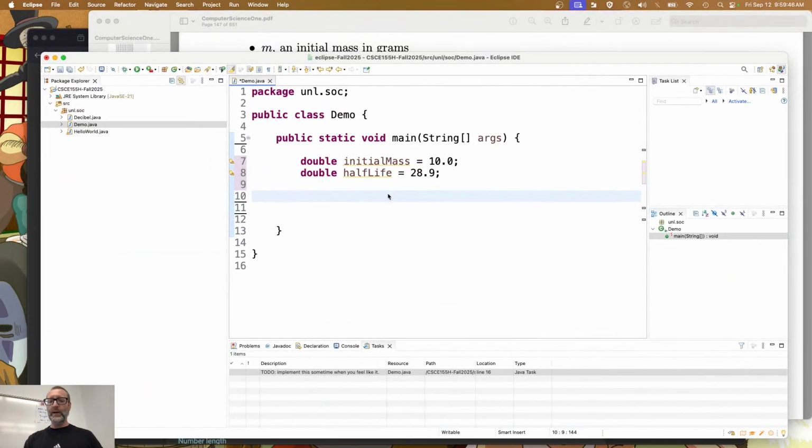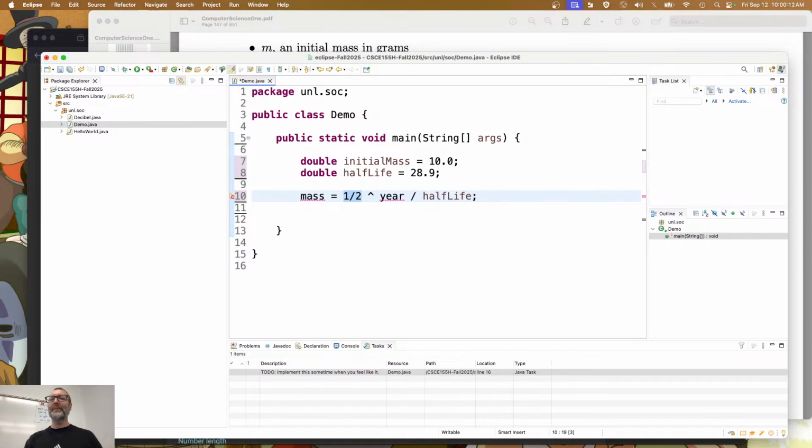So let me go ahead and create a variable called mass is equal to 1/2 times raised to the power, raised to the power y year divided by half-life. All right, well, first of all, is it wise to do integer division like that?